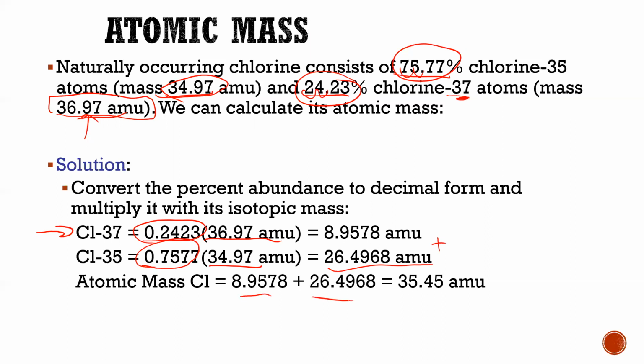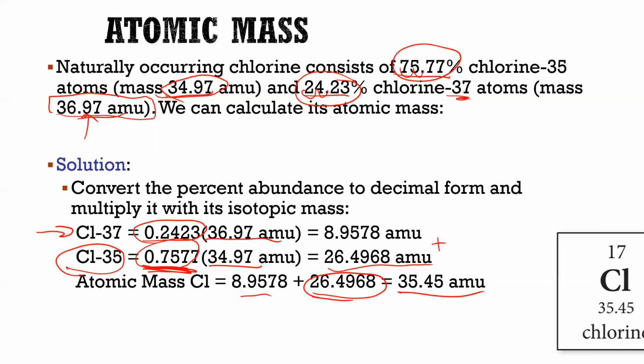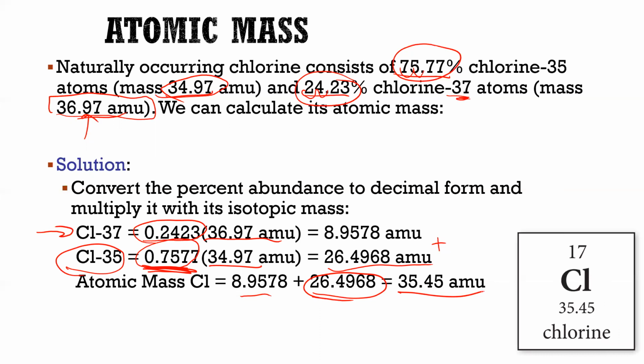Chlorine 35 is more abundant, so it has a larger contribution to that weighted average. That's why on the periodic table the average atomic mass for chlorine is not an integer, it's in decimal form.